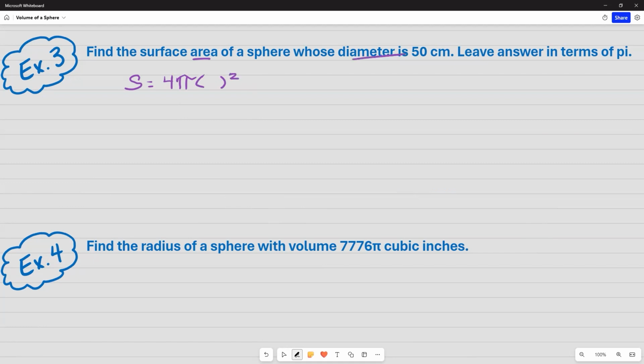We're given a diameter. So diameter is 50. We have 2r. We want to find what r is, so we're going to divide both sides by 2. And so r is 25. That is what's going to go into place of r in the formula. And now we can just simply put this in the calculator, 2,500 pi. And this time it's square centimeters because it's not volume, it's surface area.